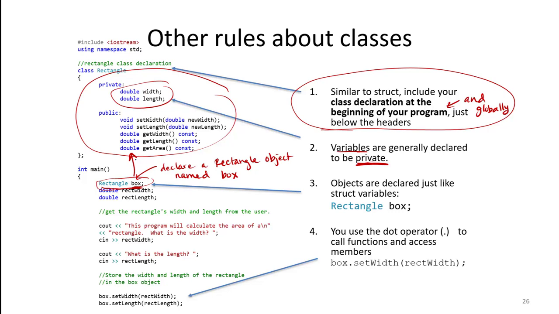And so notice to declare an object, we just take the type of the object, which in this case is rectangle, and then we give our object a name. It's just like ifstream infile or ofstream outfile or a string name. We've declared many objects before.